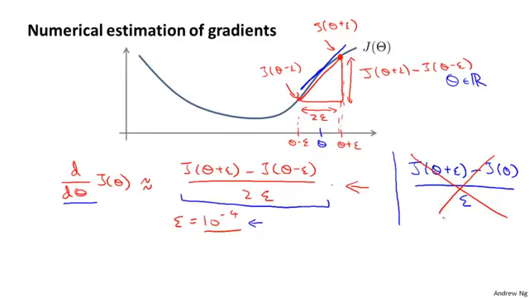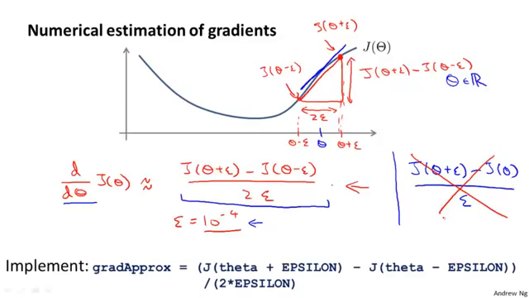So concretely, what you implement in Octave is code to compute gradApprox, our approximation to the derivative, as just this formula: J of theta plus epsilon minus J of theta minus epsilon, divided by 2 times epsilon. And this will give you a numerical estimate of the gradient at that point. And in this example, it seems like it's a pretty good estimate.